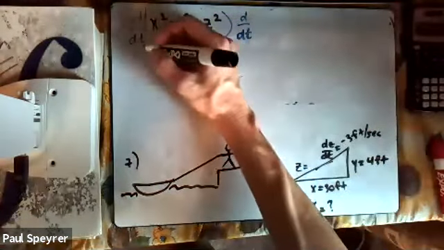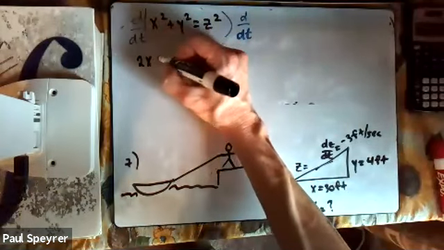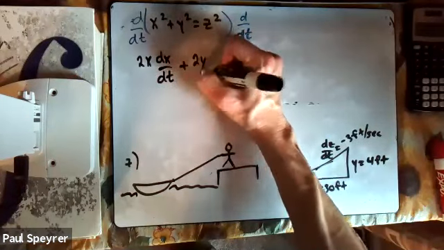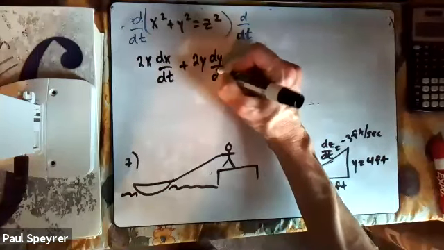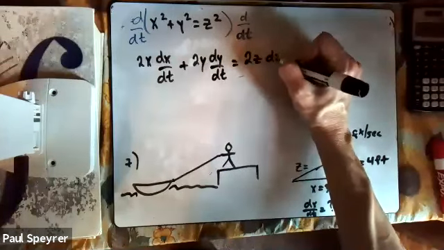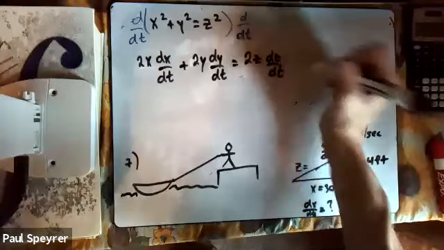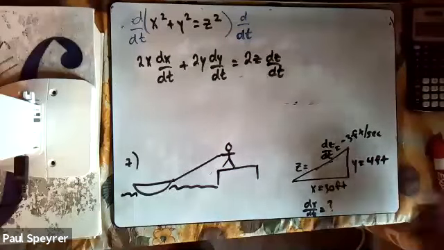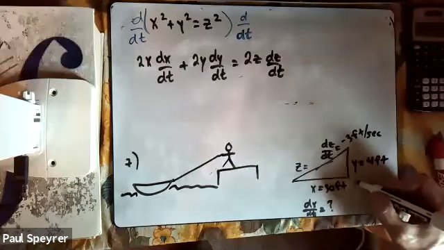We're going to wind up with 2x dx dt plus 2y dy dt equals 2z dz dt, just like that. All right, so we're missing a couple things, right? Like, what is dy dt?